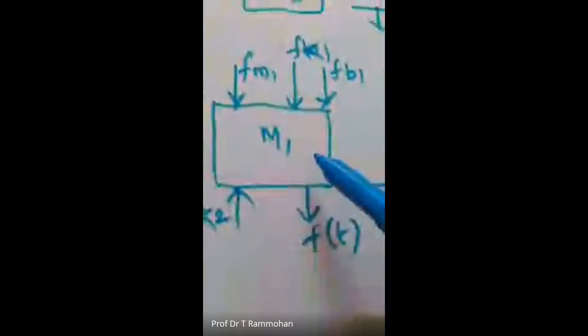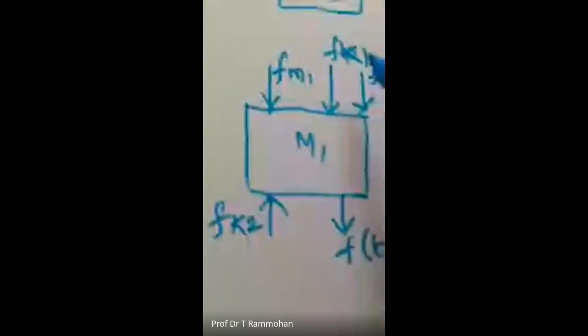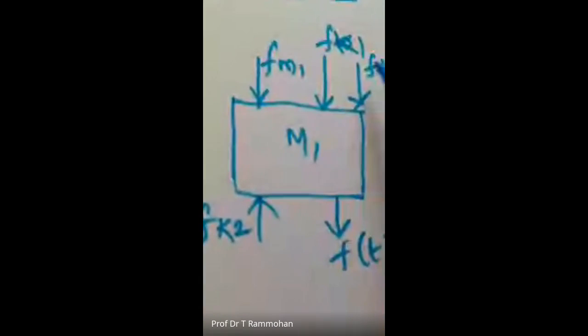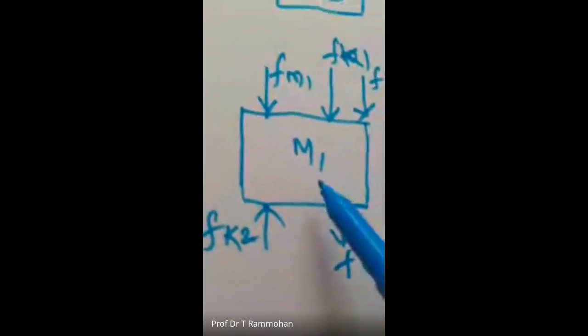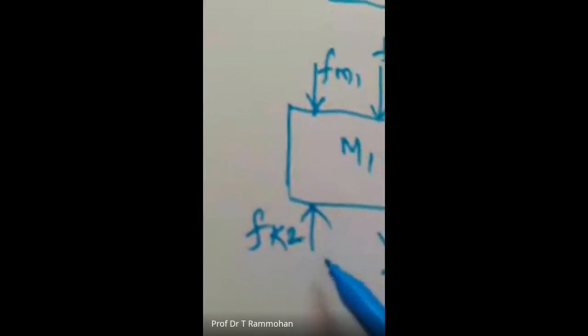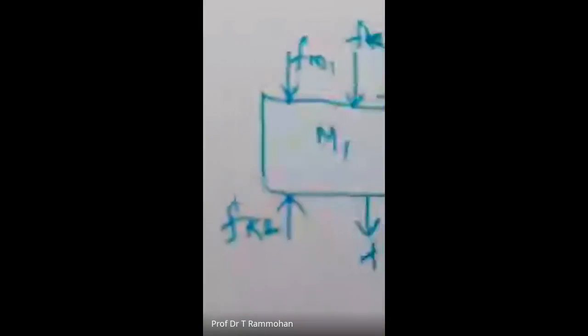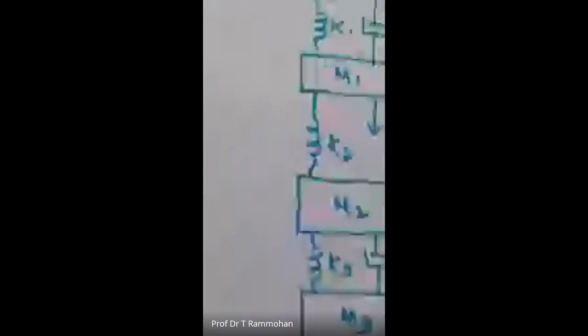So M1 is drawn. So FM1, FK1, FB1, all the components, 3 forces. And FK2 is from the bottom side. Refer the original diagram. And this is the applied force.